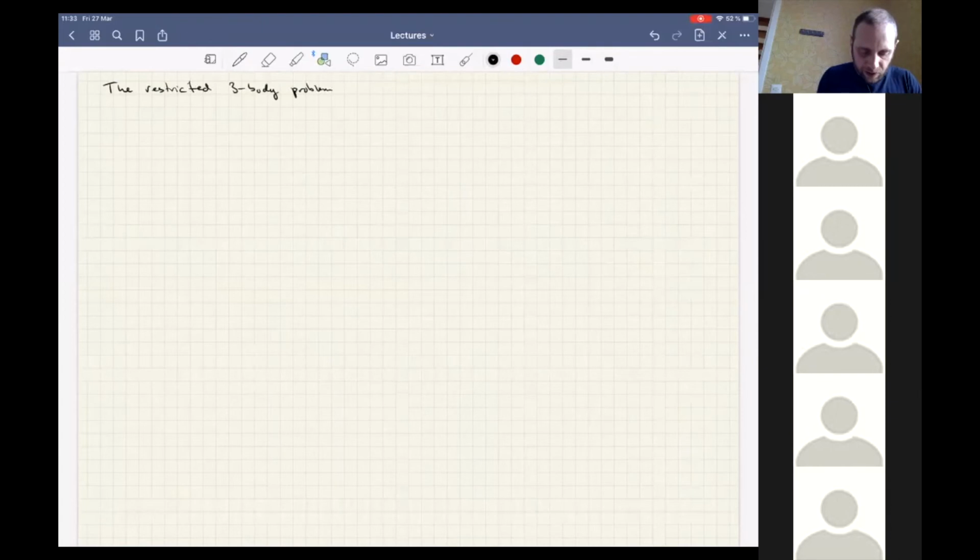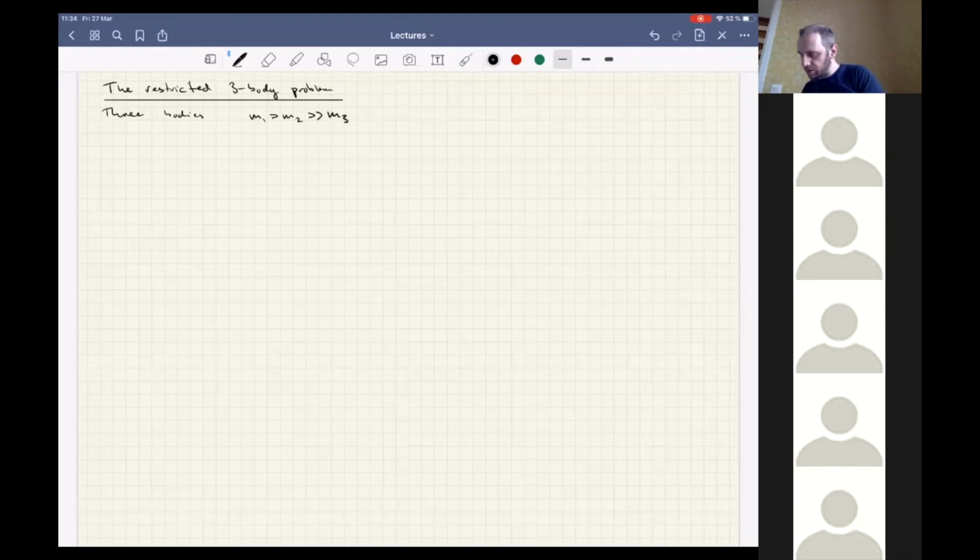So there are some assumptions going in. We're going to have three bodies, and they're going to have masses, which I'm going to call m1, which is going to be greater than m2, and they are both going to be much greater than m3, the mass of the third object.